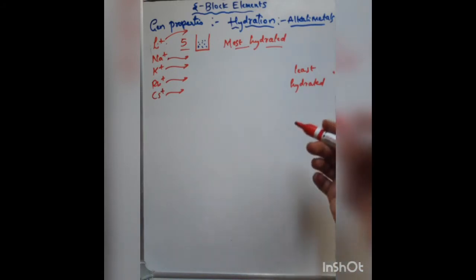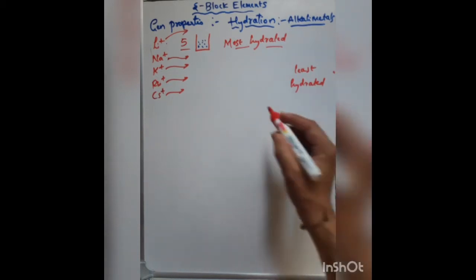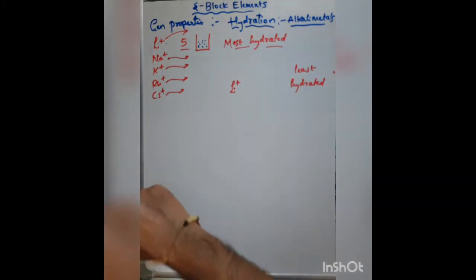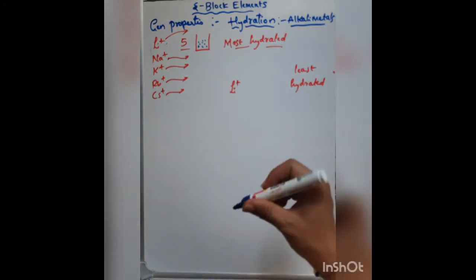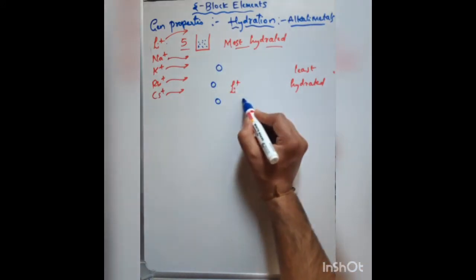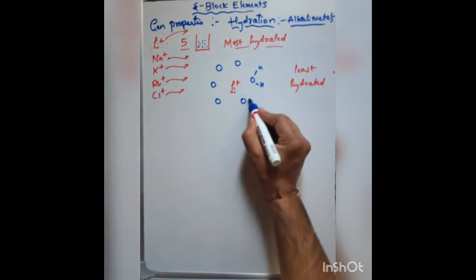Now it has been observed that lithium plus is the most hydrated. When lithium plus is added in the water, it is surrounded by a greater number of water molecules. All these are water molecules.